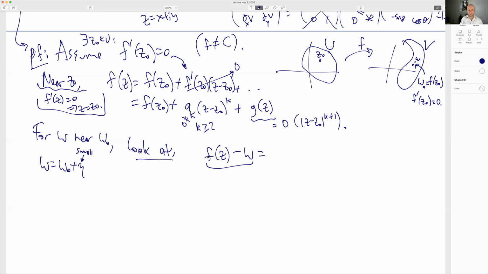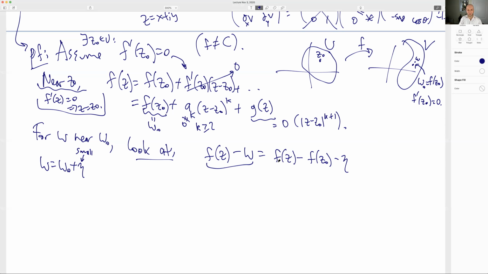So this f of z minus w is f of z minus w0, which is f of z0, minus eta, where eta is some small complex number. Okay, this difference is eta. Does that make sense?